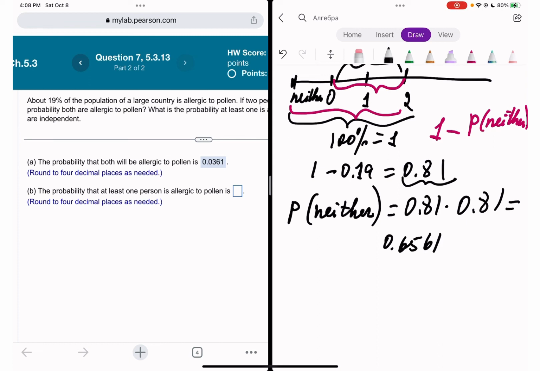And all we have to do is subtract from 1. 1 minus 0.6561. What we are going to get? We are getting 0.3439.